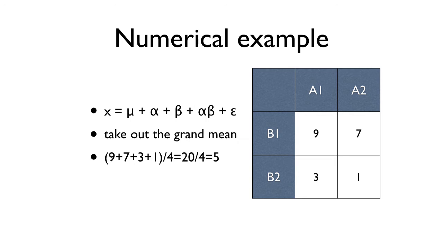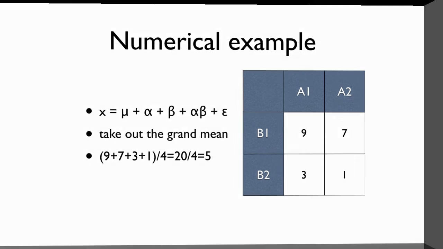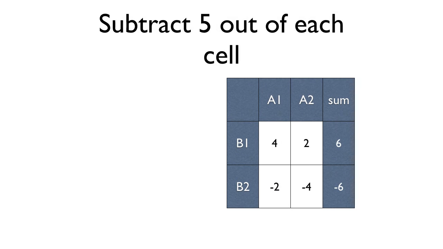And I'm going to take that out now. So I'm going to take 5 out of here, 5 out of here, 5 out of here, and 5 out of here. And then we're left with only the effects of A, B, and A by B, because we've removed the grand mean. So we end up with 4, 2, negative 2, negative 4. It's just arithmetic. I just subtracted 5.